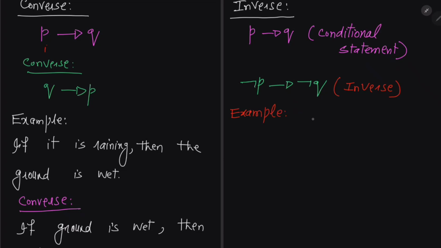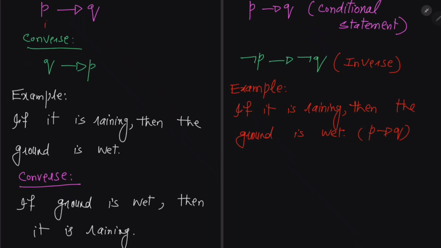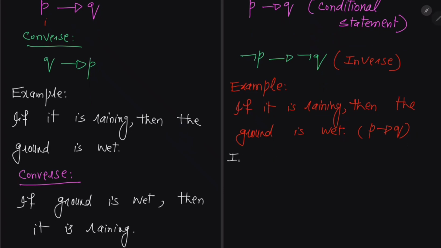If it is raining, then the ground is wet. This is our original statement. What will be the inverse?